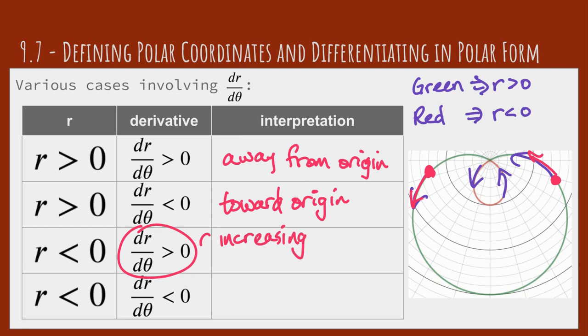Getting bigger could imply that the absolute value is getting bigger, and if r is negative, then that's ambiguous. So if r is increasing but r is negative, then the absolute value of r is actually getting smaller. So in this case, we're looking at a point right here where r is negative, but r is getting closer to 0 because r is increasing. So in this case, we are moving toward the origin again.